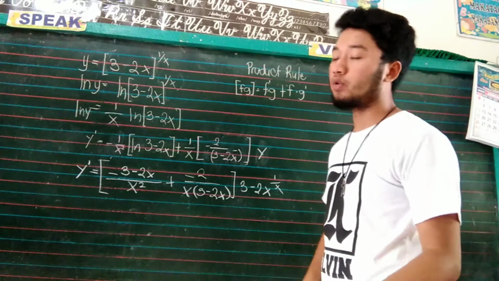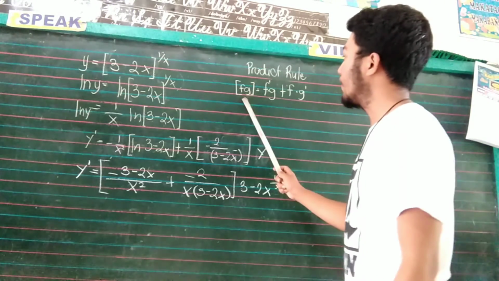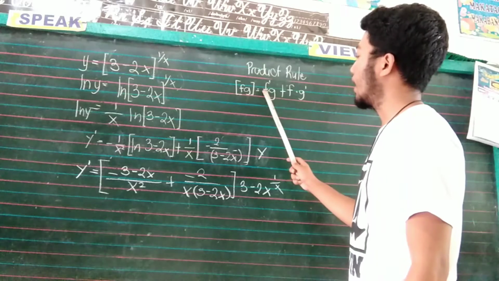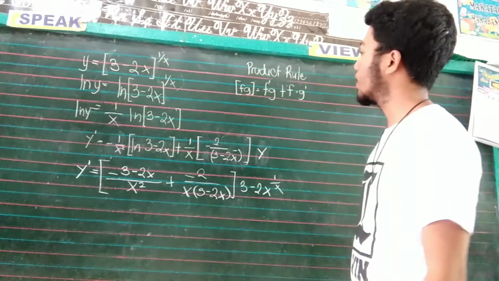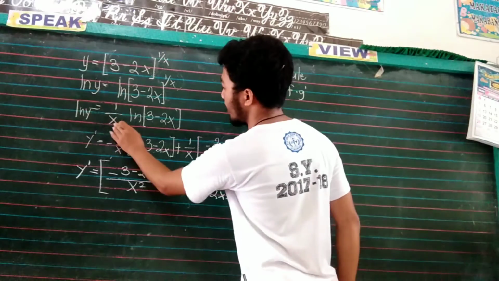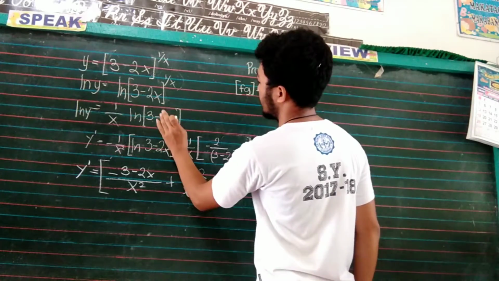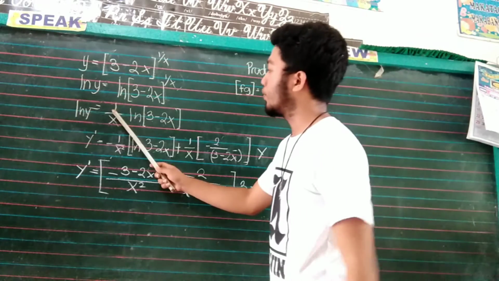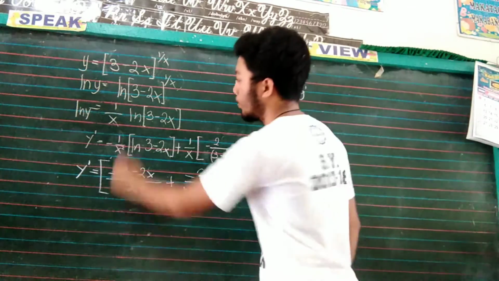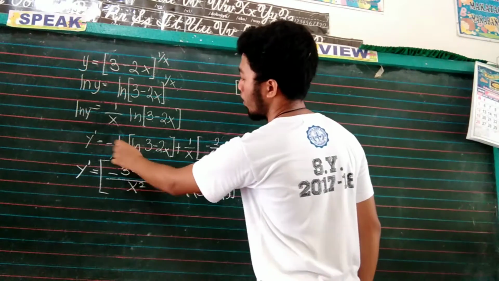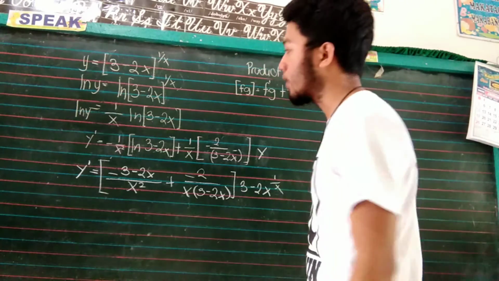So the formula for the product rule is (fg)' is equal to f prime times g plus f times g prime. So this is the value of f and this is the value of g. So we need to find the derivative of 1 over x. So it will become negative 1 over x squared. So how come?